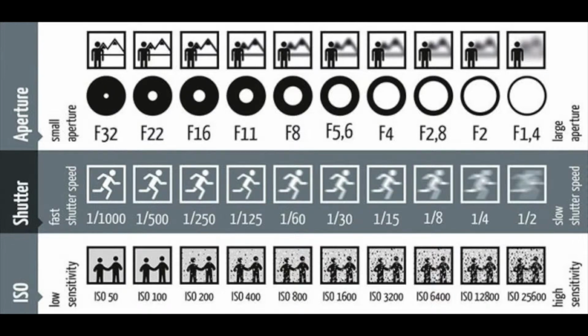The shutter speed captures movement or freezes it in time, so the longer the shutter's open, the more movement you get in the image. And the ISO increases the sensitivity to light, so the higher the ISO, the more light and lighter the picture becomes, but the downside of that is it increases the noise.